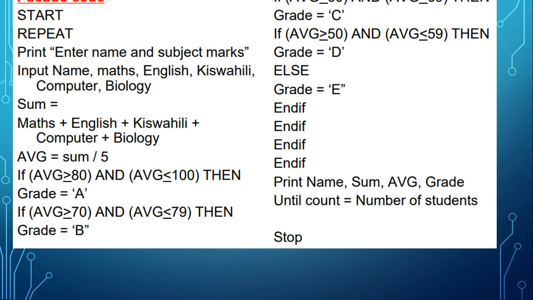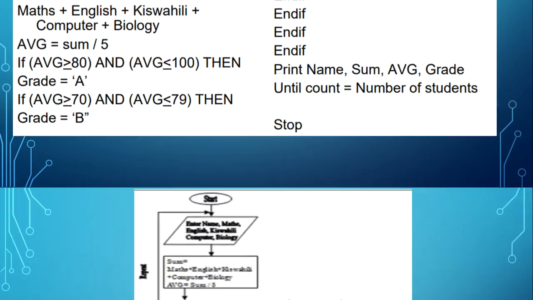If there are 5, you put in 5 end ifs. Each and every if must be terminated with the keyword end if. And if you use the term repeat, you must use the word until, repeat until. That one you can read more in your textbooks.